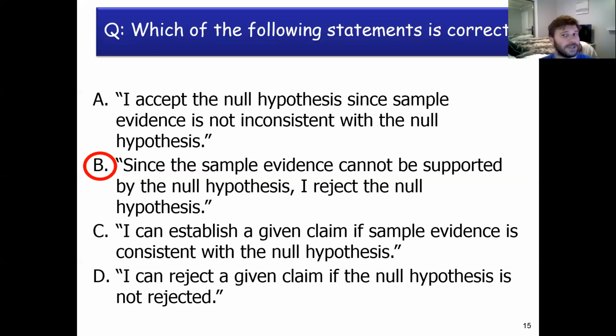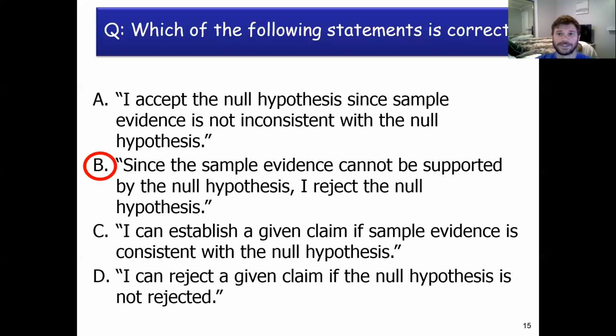We're not proving anything true. We're not finding every white swan. So that's not what's happening in C. That's not correct. And A, I accept the null hypothesis since the sample evidence is not consistent with the null hypothesis. That's the opposite of what you would want to do. If you have evidence that's not consistent with your hypothesis, you definitely don't want to be accepting it.